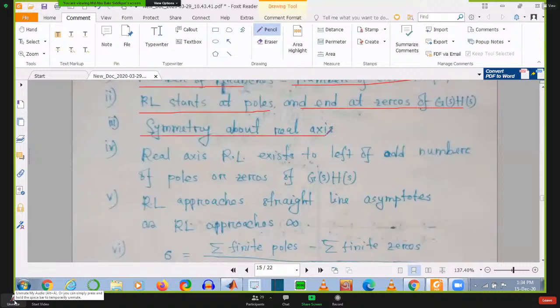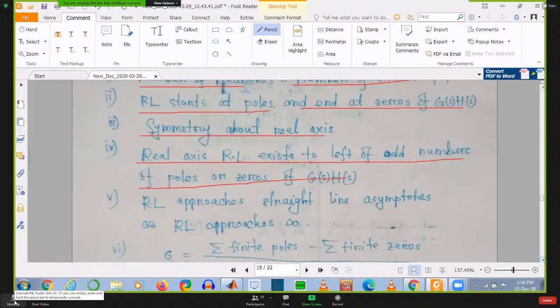Step number 4 says the real axis root locus exists to the left of an odd number of poles and zeros of GSHS.